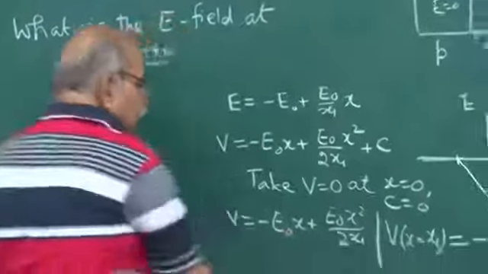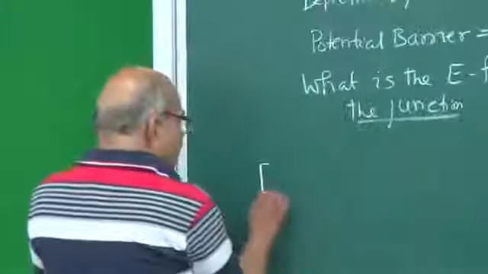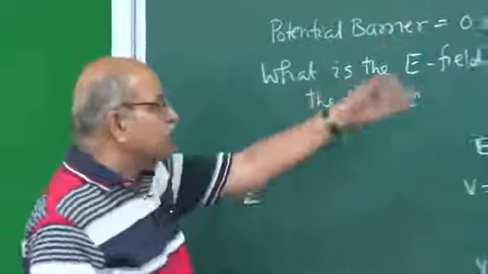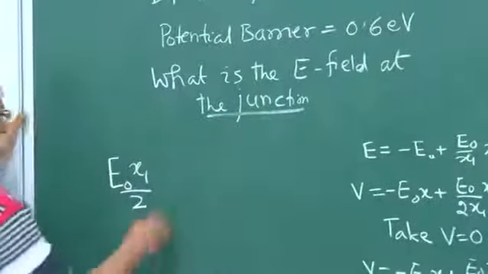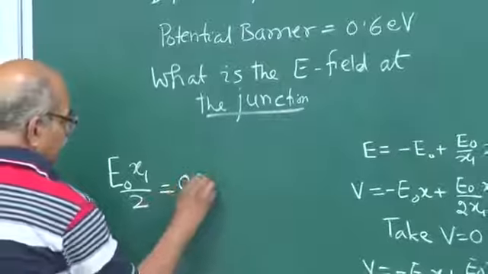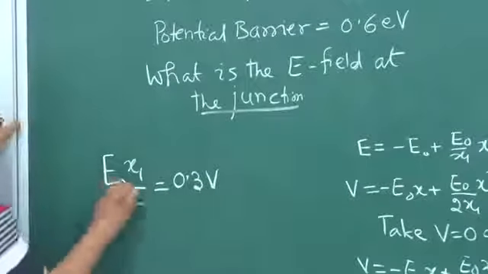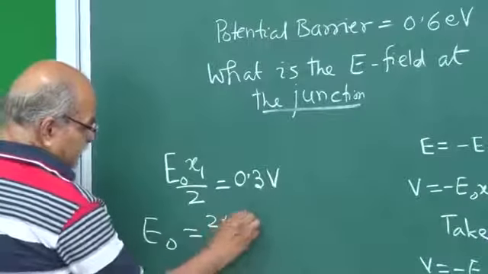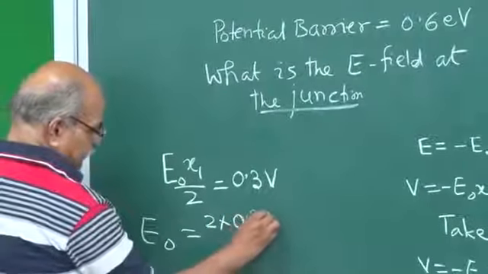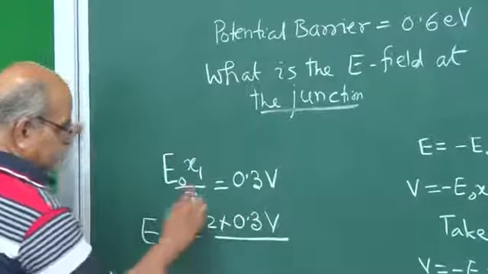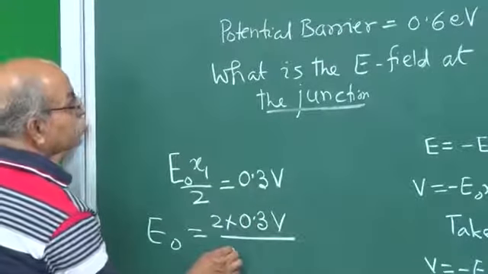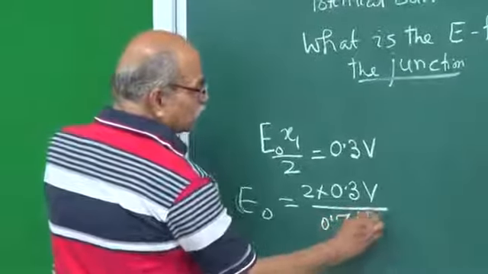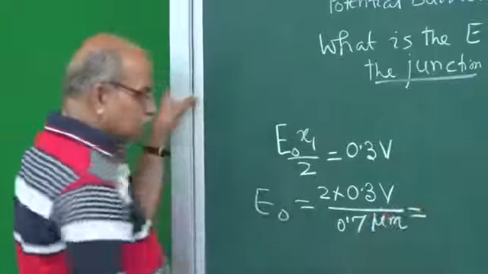So this E naught x1 by 2, the potential difference from the junction to the end of the barrier, should be 0.3 volts. And from here you can get E naught: 2 into 0.3 volts, divided by x1. And how much is x1? x1 is 0.7 micrometers.